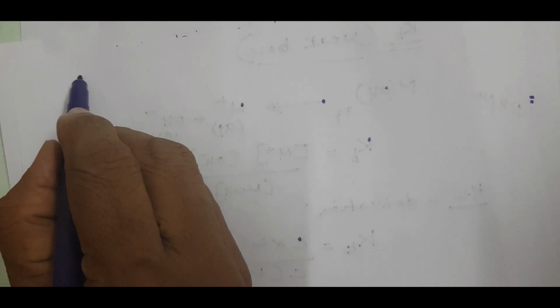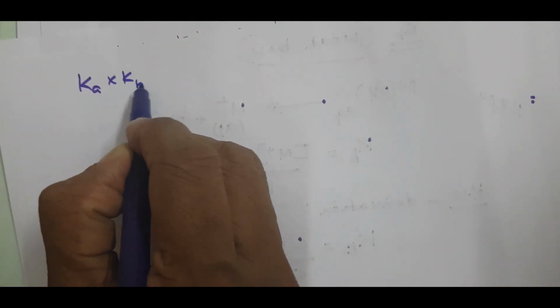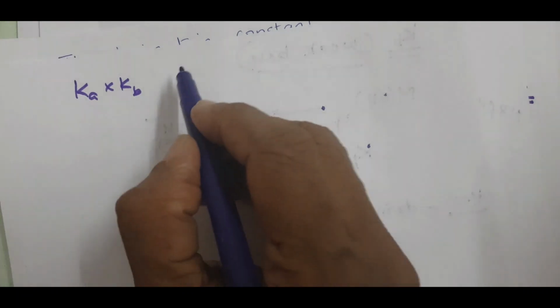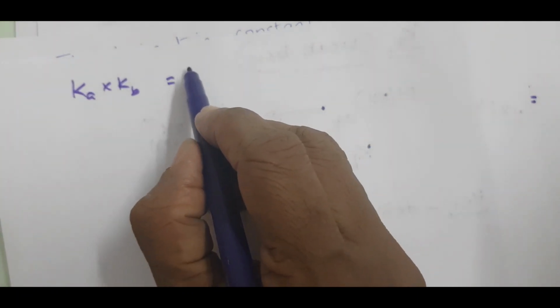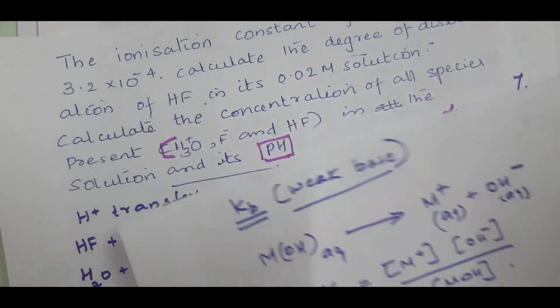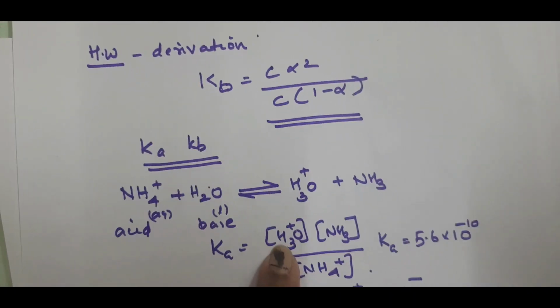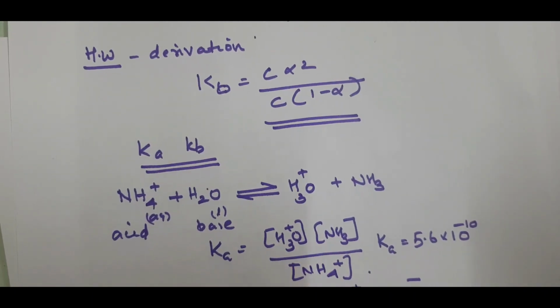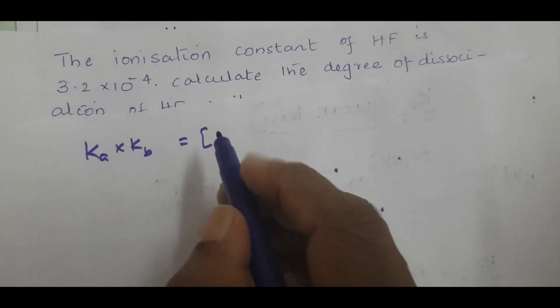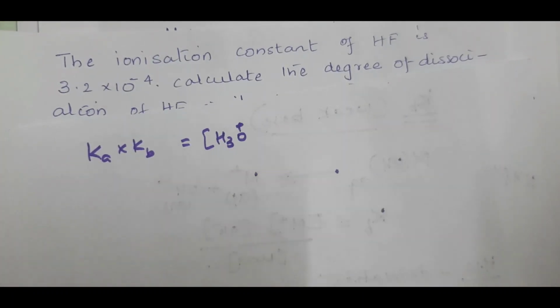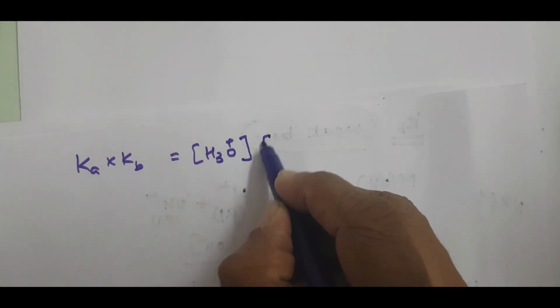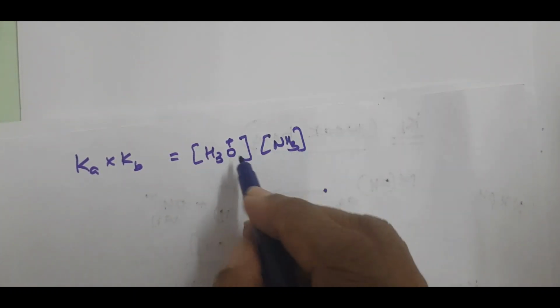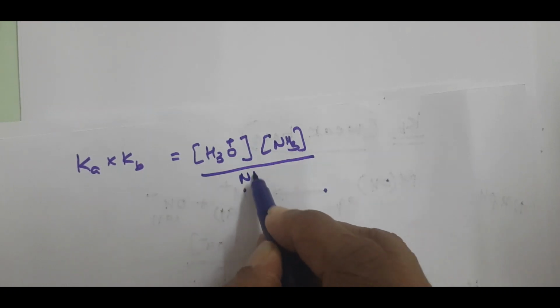Now, if you have Ka into Kb, you will get, on calculation, the following. Ka is H3O plus into NH3 divided by NH4 plus, correct?